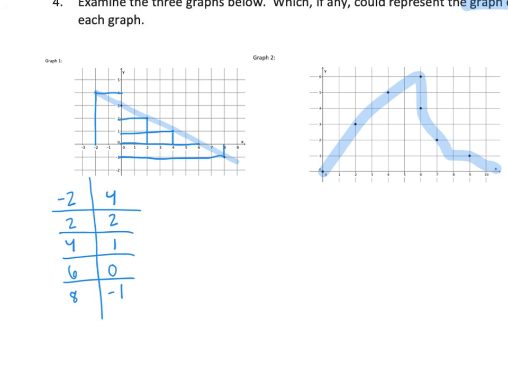And I want to determine if this is a function. So remember that a function means that each input has one output. So this x, this -2 only has a 4. This +2 only has a 2. This 4 only has a 1. This 6 only has a 0. This 8 only has a -1. So yes, this is a function.